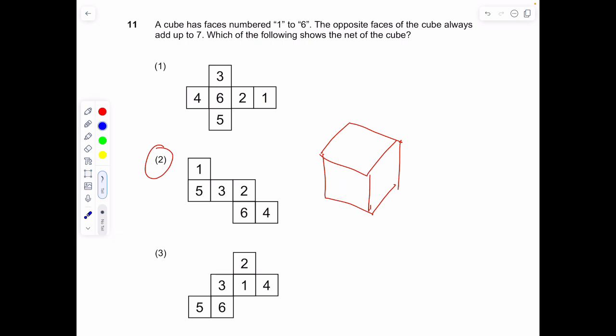Then the opposite side would be the back part of the cube, which in this case will be a 2. Therefore, 5 plus 2 equals 7. And my 1 will be at the top, whereas my 6 will be at the bottom. So once again, 1 plus 6 equals 7. Alright, this is what it means.